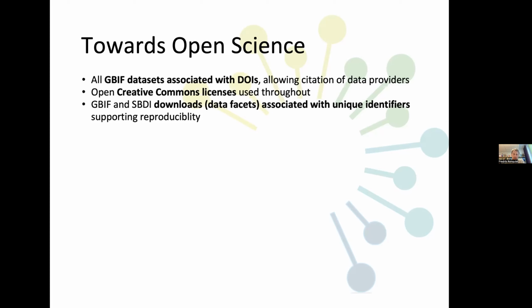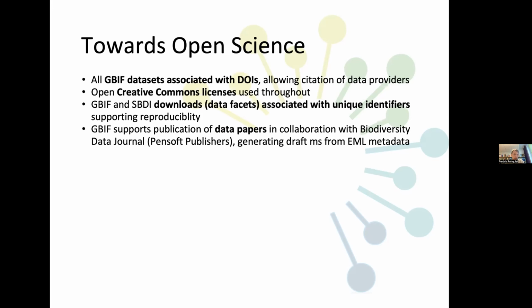The GBIF and SBDI downloads, data facets if you wish, are associated with unique identifiers supporting reproducibility. GBIF also supports publication of data papers in collaboration with Biodiversity Data Journal. This is a quite interesting solution where the metadata can be used to generate draft manuscripts.